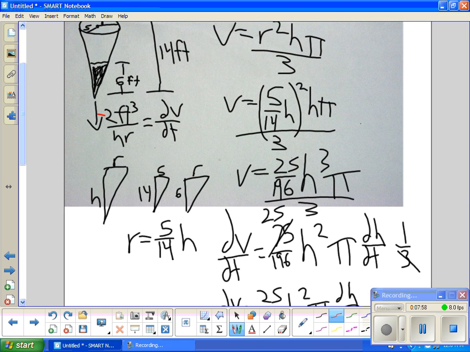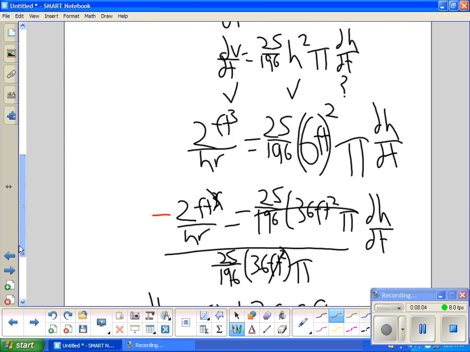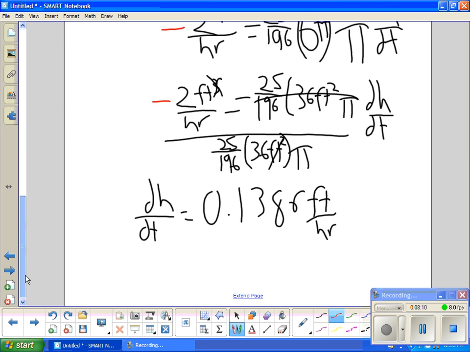So every calculation must be made so that the 2 is in fact negative. Now that all that is changed, the final rate is negative 0.1386 feet per hour.